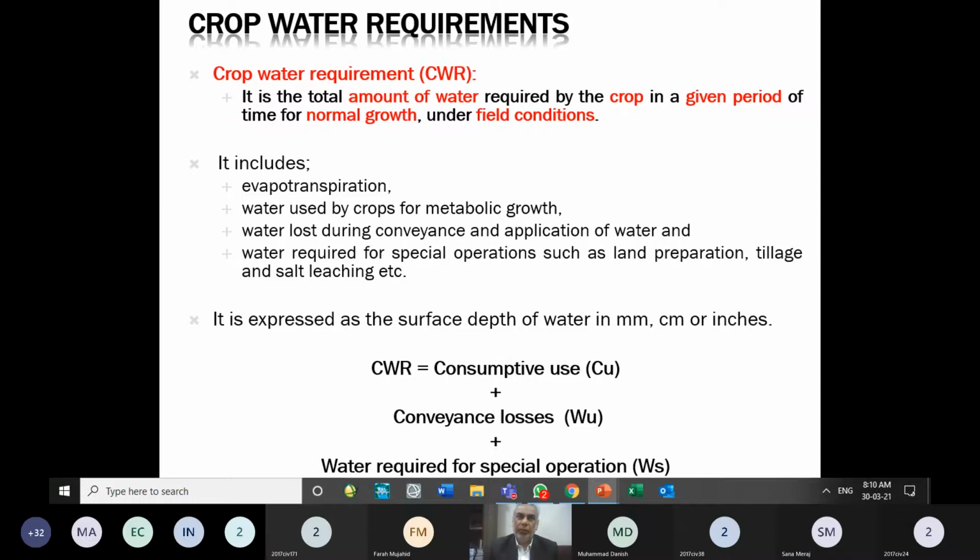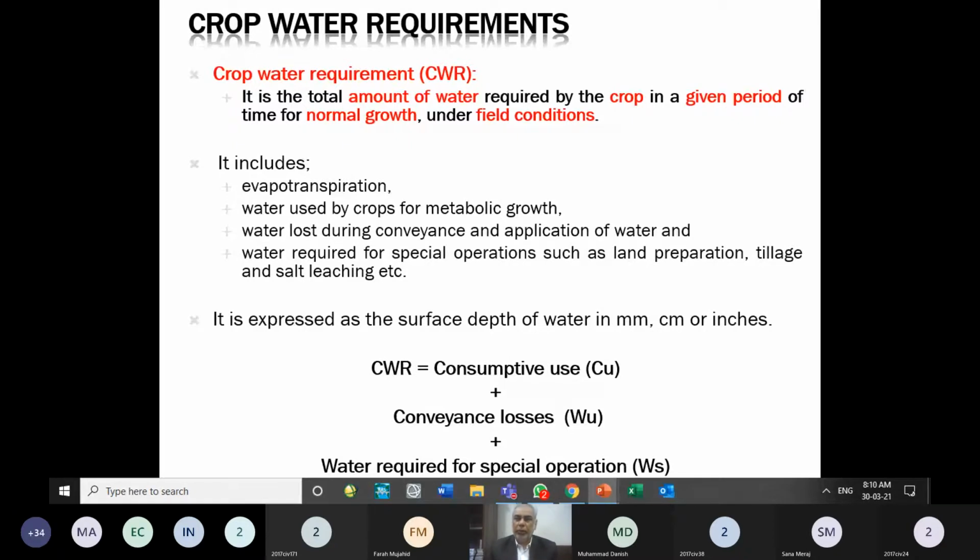So crop water requirement can be specified for 1 day, for 10 days, and for the whole season or whole period of the nourishment of the crop. So it has a relationship with the duration, and it mentions the quantity.